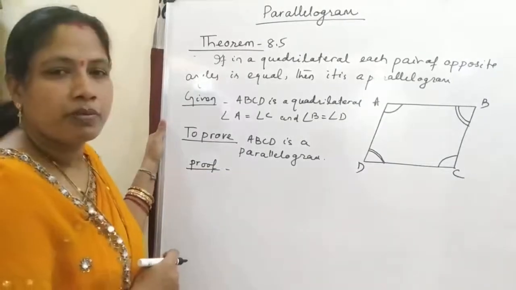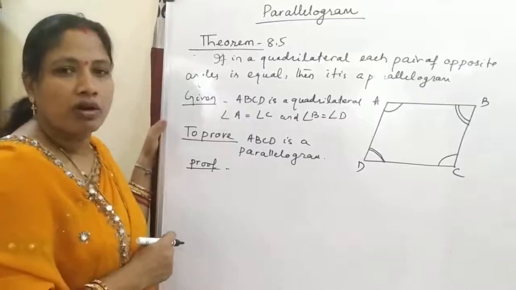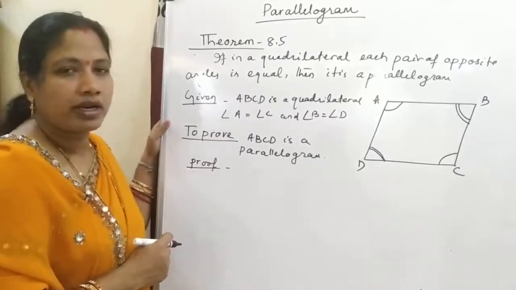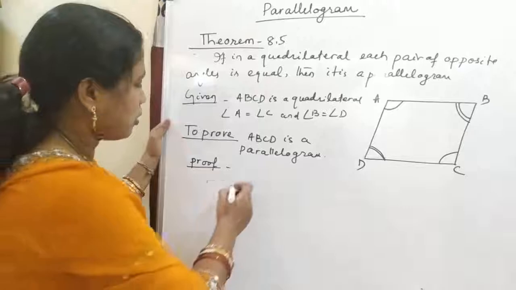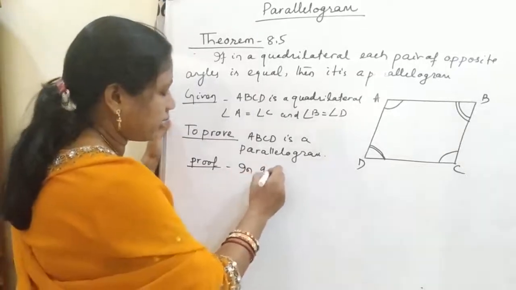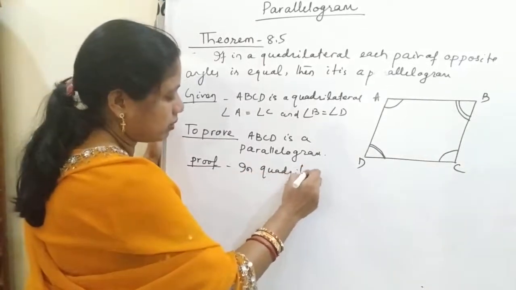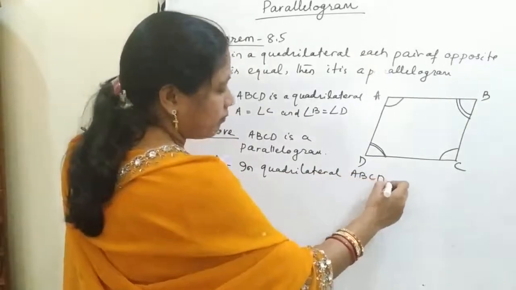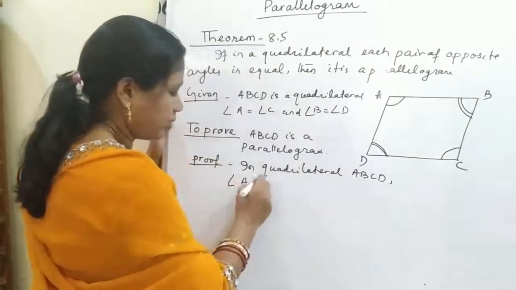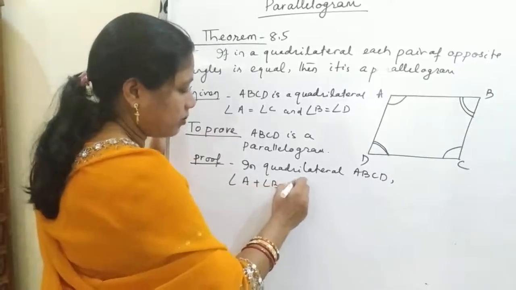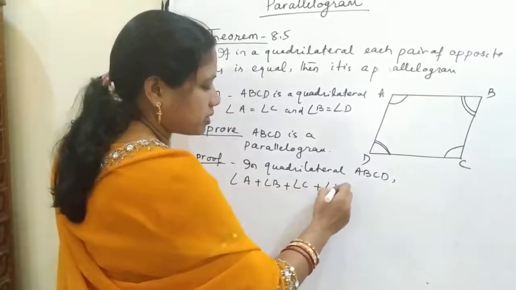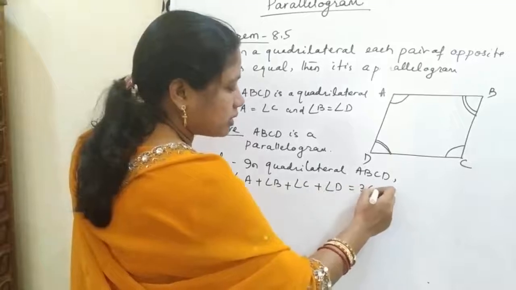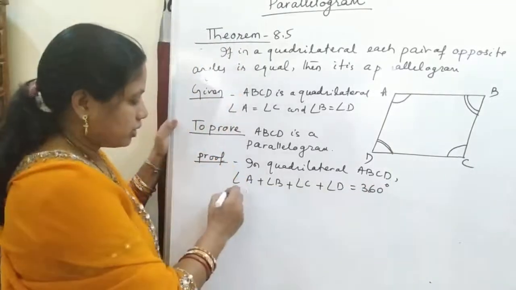What is the angle sum property of a quadrilateral? The sum of four angles of a quadrilateral is 360 degrees. So in quadrilateral ABCD, angle A plus angle B plus angle C plus angle D is equal to 360 degrees.